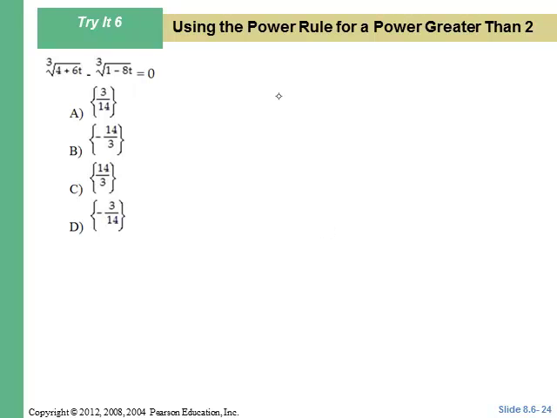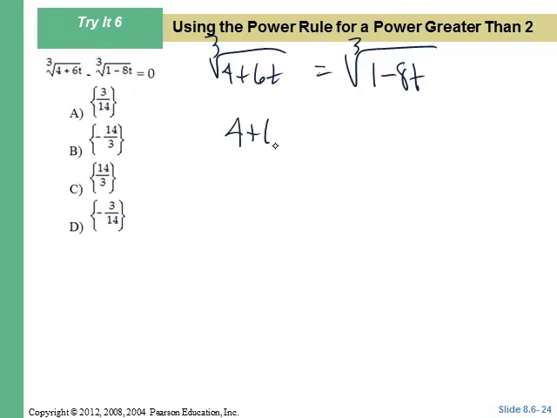Do this one. Now, it actually is the same thing. The cube root of 4 plus 6t. All you have to do is move the 1 minus 8t to the other side. Cube both sides. You have 4 plus 6t equals 1 minus 8t.